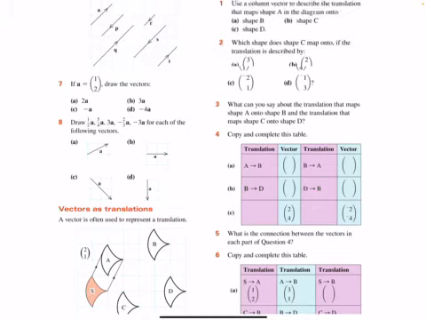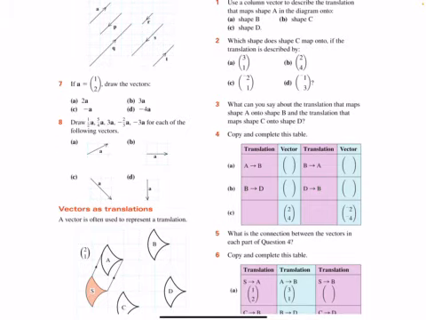Vectors as translations. If I have an item, you do this all the time. If I have my phone here and I decide to move it there, where did I move it?